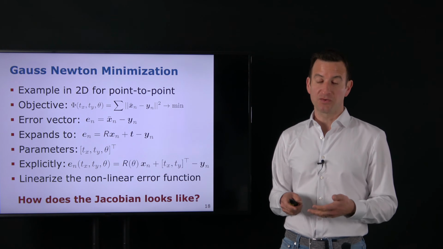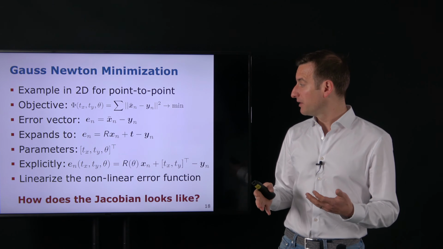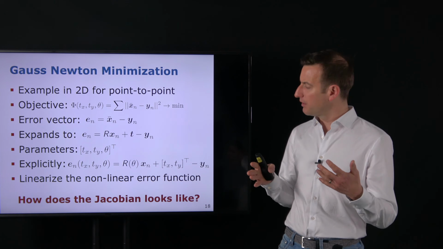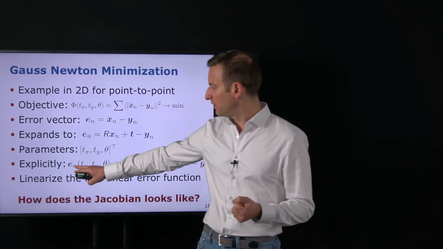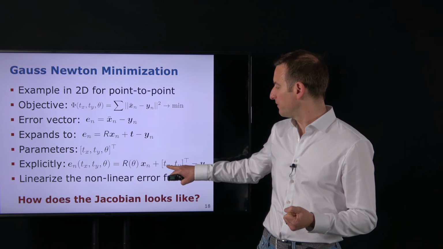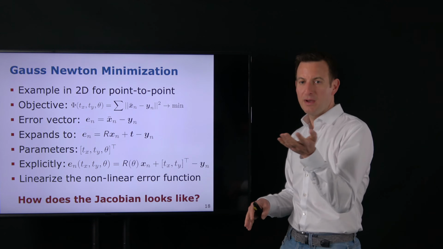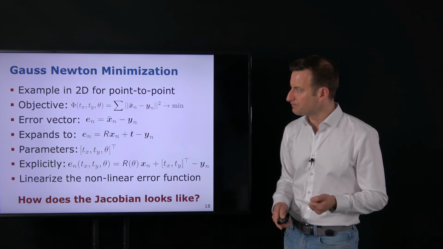And that's what we're going to do, which leads us to the Jacobian. In this case, this is a 2x3 matrix exactly. We have a two-dimensional error function because the function has an x and y component, and it has three parameters, so we have a 2x3 Jacobian.